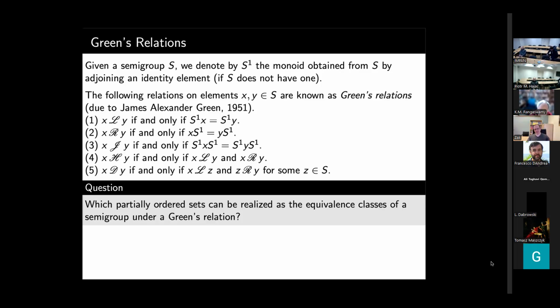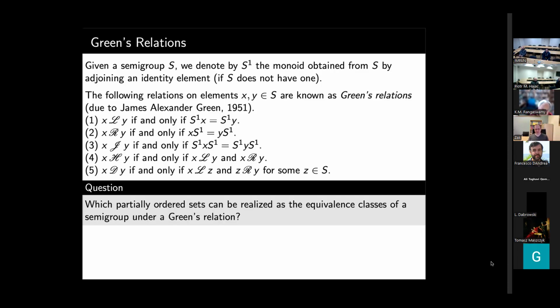You can do this with rings. You can ask about the ideals or prime ideals, and we'll get to that a little bit later. In the case of a semigroup, you can talk about congruences, and you can also talk about these Green's relations. So in particular, what partially ordered sets can you realize as the equivalence classes under one of these relations?